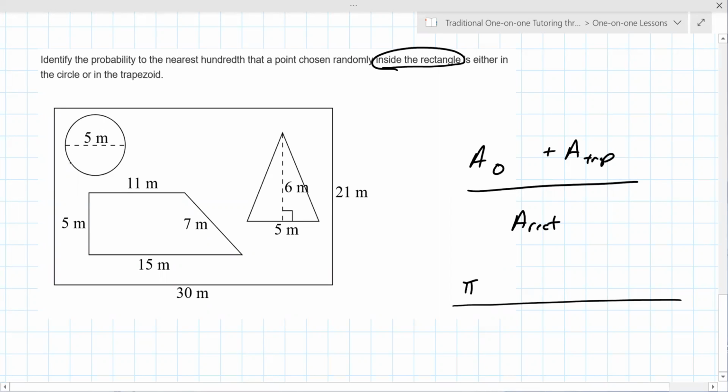Okay. And what's the radius of the circle? The radius of the circle is 2.5. Okay. And then the area of the trapezoid is 1/2. What is base 1 this time? 11. And what is base 2? 15. What is its height? 5. And the area of the rectangle is 21 times 30. Perfect.